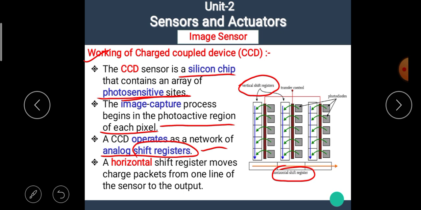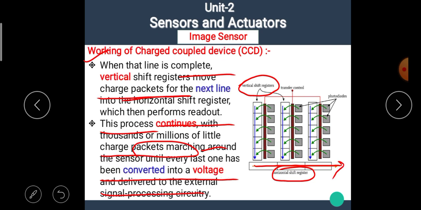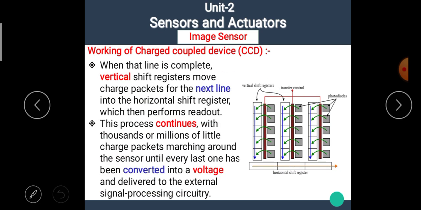A horizontal shift register moves charge packets from one line of the sensor to the output. This horizontal shift register moves the charge horizontally towards the output. When that line is complete, vertical shift registers move charge packets up for the next line into the horizontal shift register, which then performs readout.